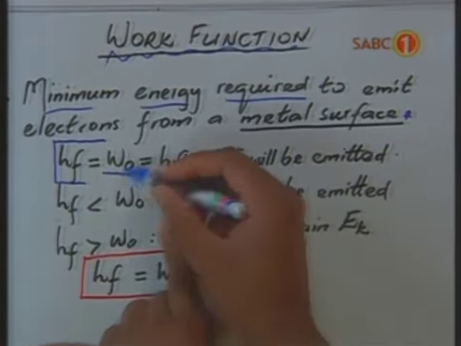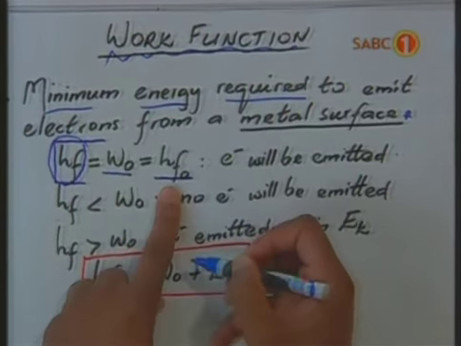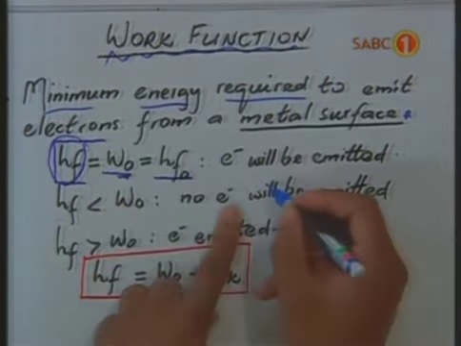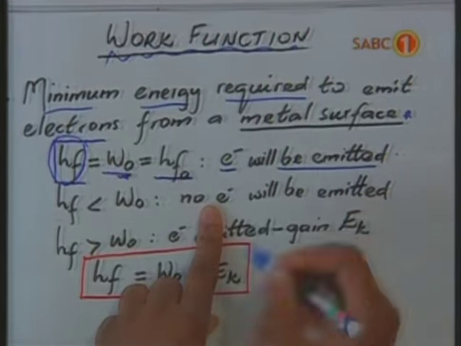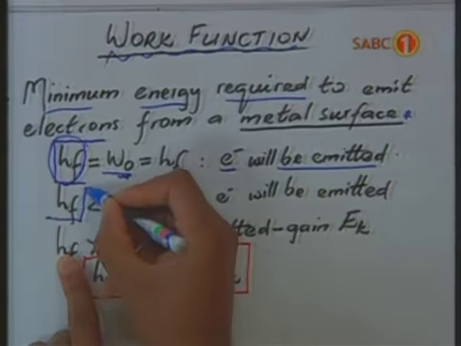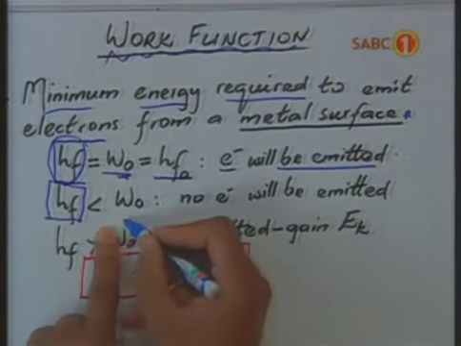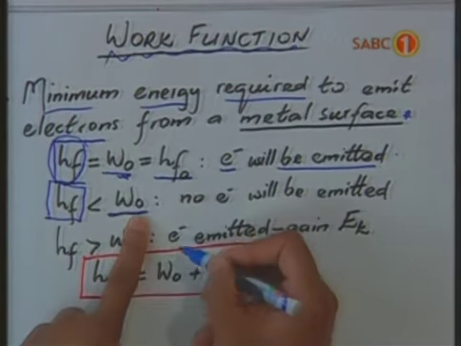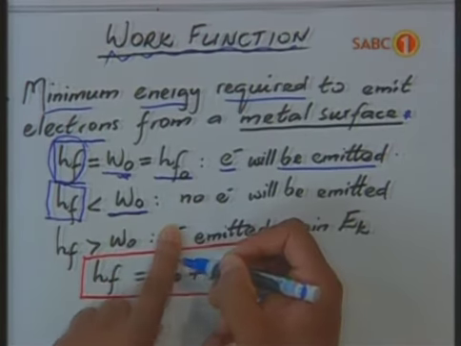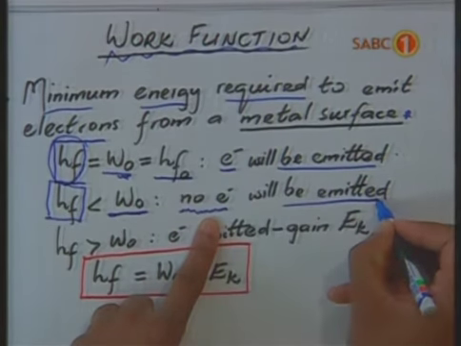So if the energy brought by the photon equals the work function, we would have electrons being emitted. But we can have a situation where the energy brought by a photon is less than the work function for that specific metal. If it is less, we will have no electrons emitted. That is very important for you to understand.